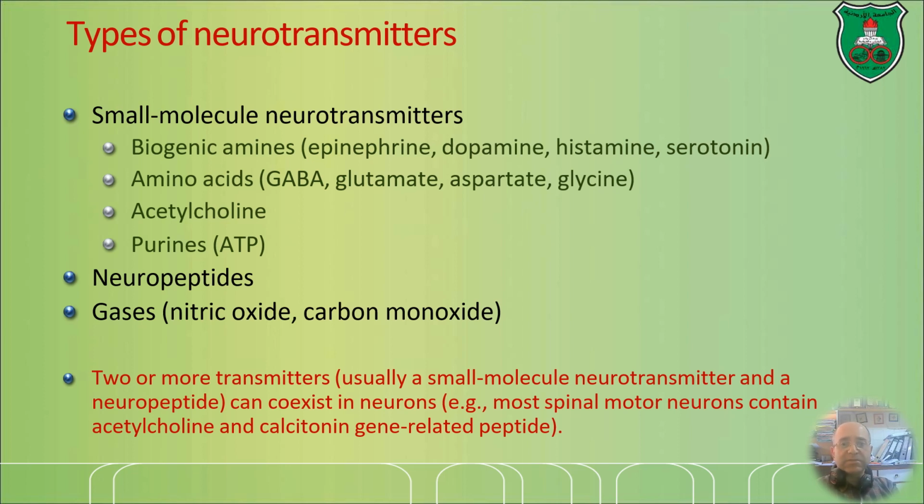And these are synthesized from amino acids. في عنا as well amino acids that can act as neurotransmitters, as well as a modified amino acid اللي هو الجابا. Acetylcholine, and we'll talk about these three classes.